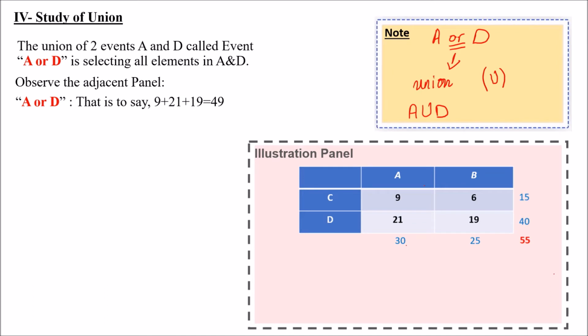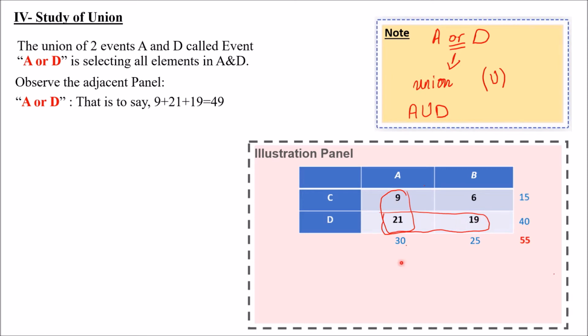We need to study the probability of A or D, or in other words we say A union D. These are the elements of A and these are the elements of D. We count all the elements in A and D. It's like saying we have 9 plus 21 plus 19, so we got 49. Therefore, A union D contains 49 elements.